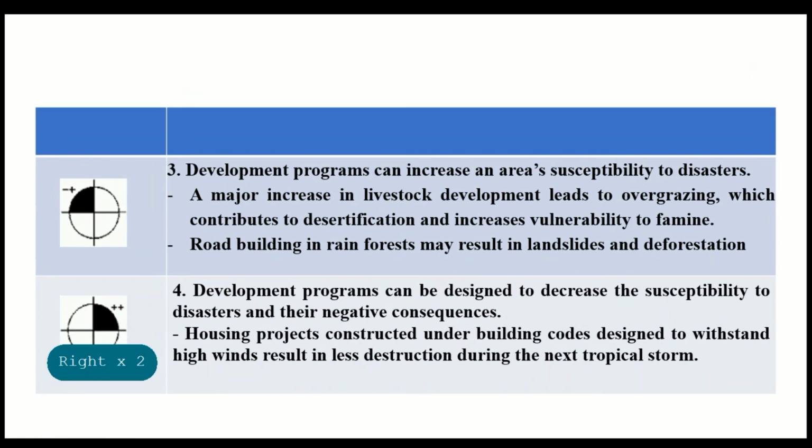If we construct a road across a paddy field or across a natural flowing water stream, this new construction will disrupt the natural flow of water during the rainy season, and that may result in a flood.